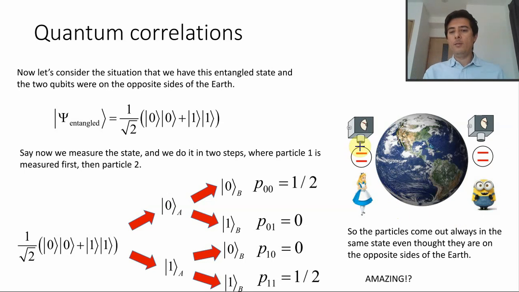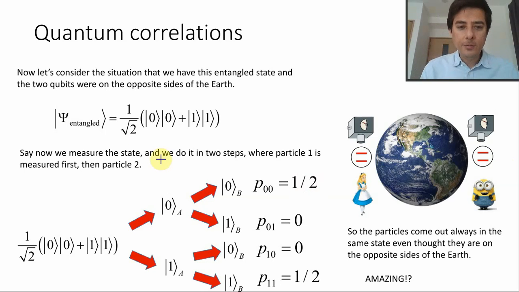Here I've drawn it on the opposite ends of the Earth, but maybe they can even be at opposite ends of the universe. It seems not to be limited by anything related to distance, right?